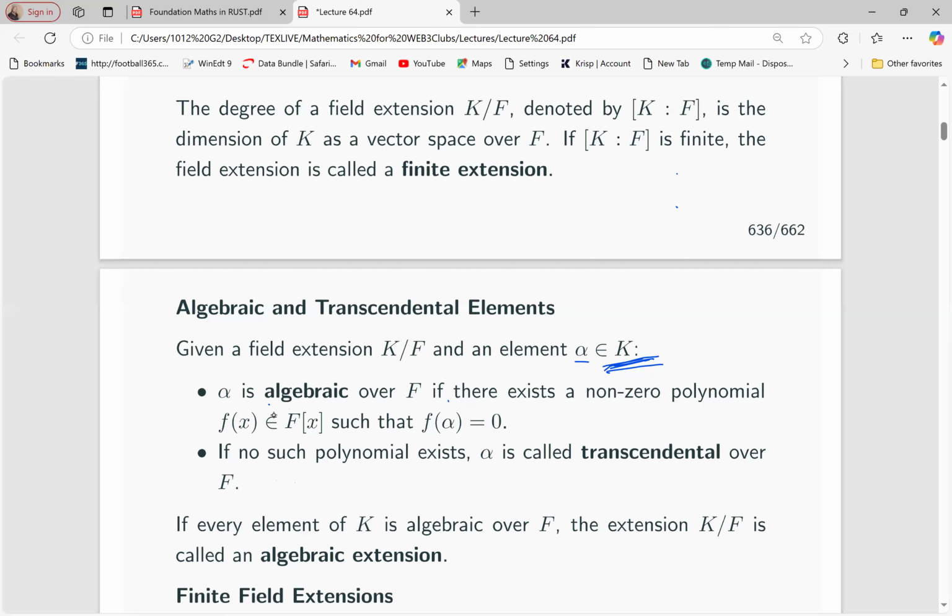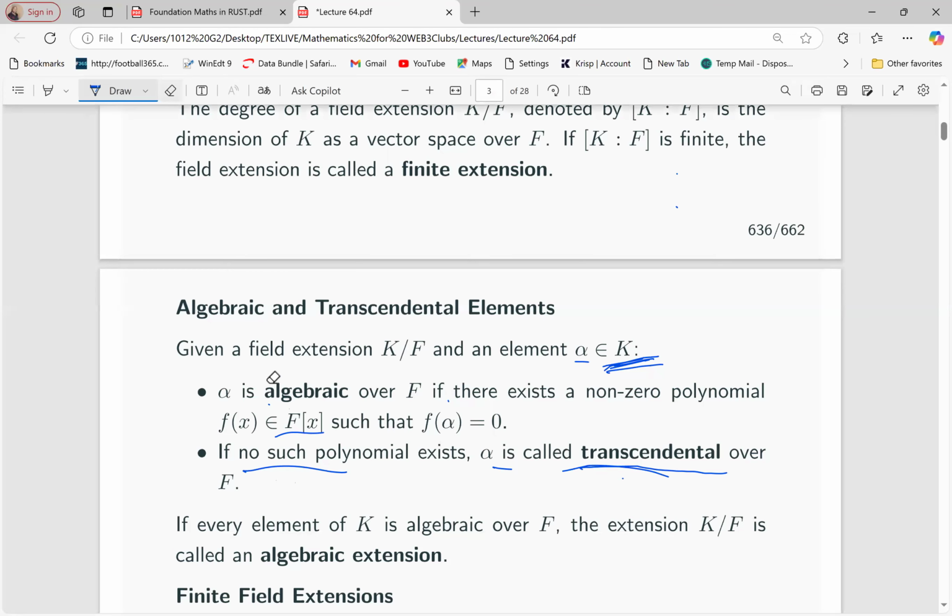In that case, we say that alpha is transcendental over F. That means you try the polynomials in this field, and you find that this element is not a solution to any of them. Then we shall call that element transcendental. So these are just some terminologies that will be important for us to note.